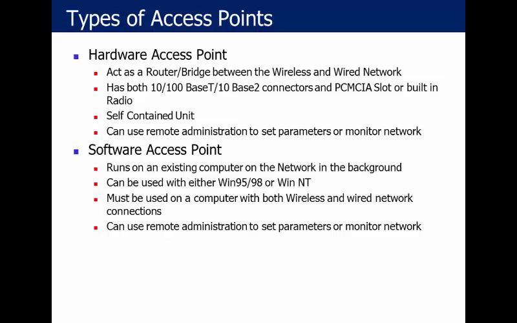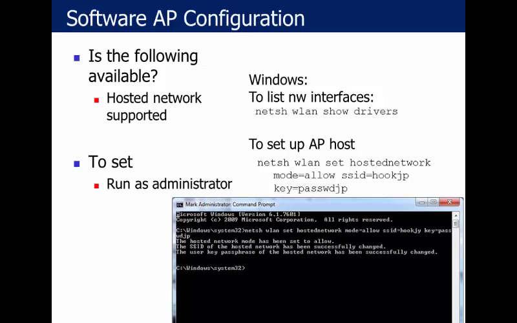For example, on Linux Ubuntu, you can set up an access point together with DHCP services. The following slides give you some hints to set up access points on your Windows operating systems.